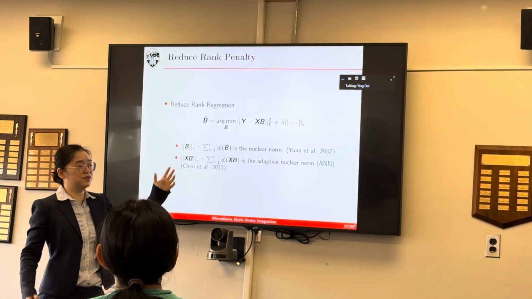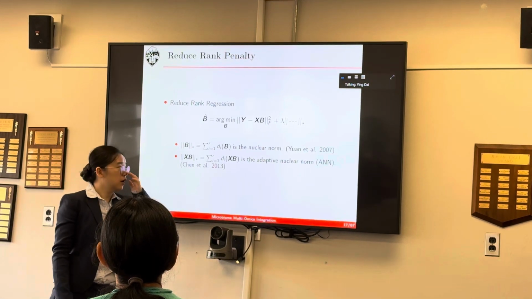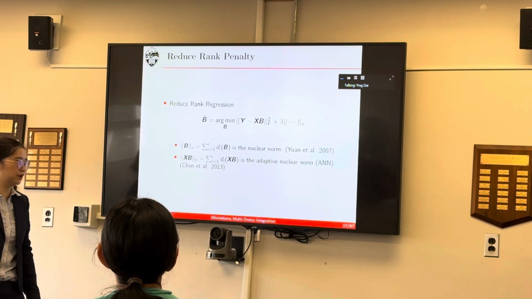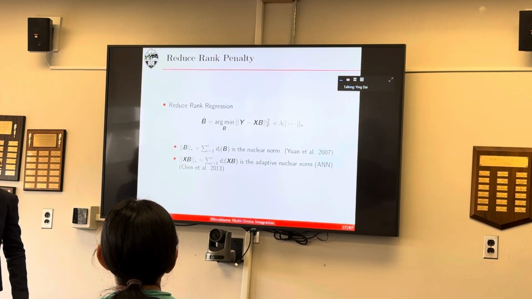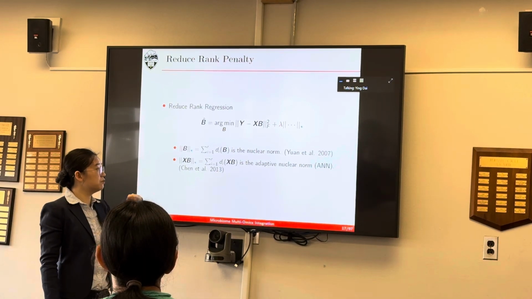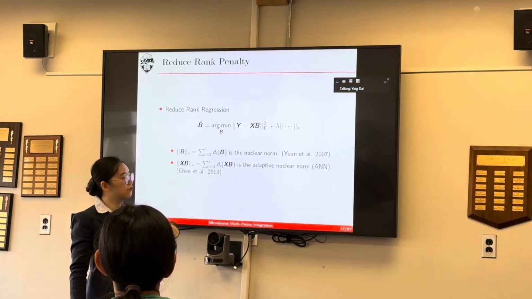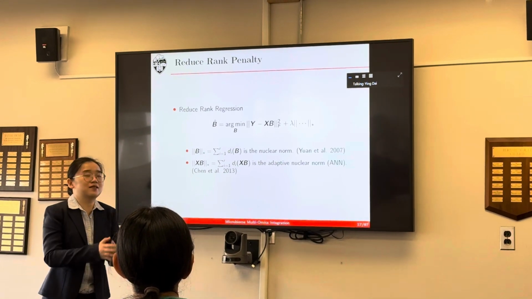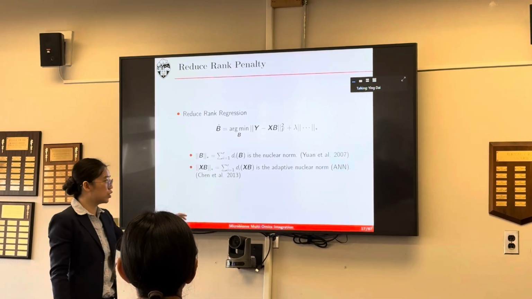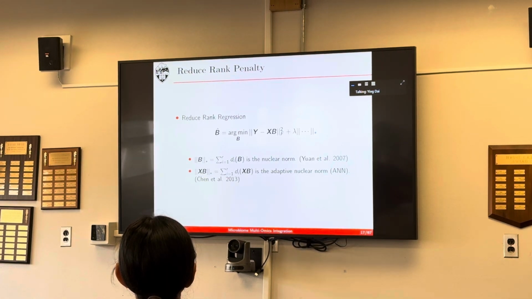The pro of it is that it directly penalizes the rank of B, but it is very computationally intensive because there is no explicit form for it. To compromise, we choose to use the adaptive nuclear norm. Even though it penalizes the singular values of B, it can still infer that B has a low-rank structure, and it solves the computational problem.